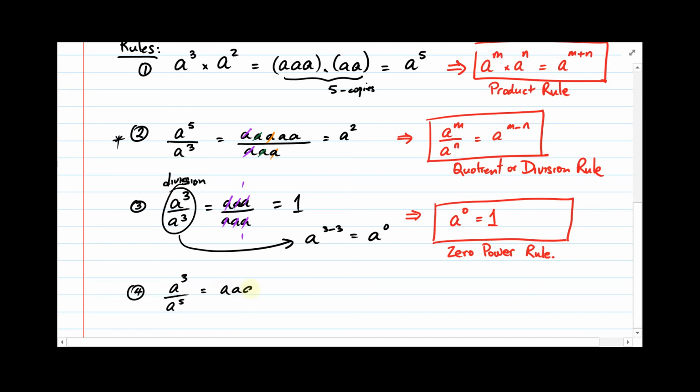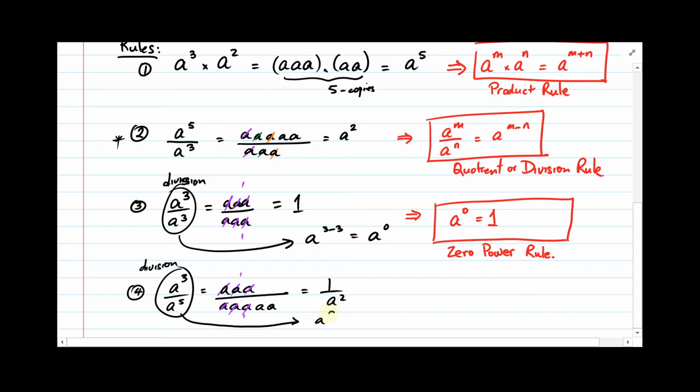I'm going to do it my long way, which is 3 copies of a in the numerator, 5 copies of a in the denominator. Reduce, so 3 copies cancel in each part, and I would end up with 1 over a squared. But in a similar fashion to what I had done before in number 3, we have a division rule again.